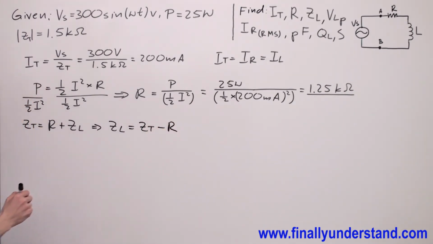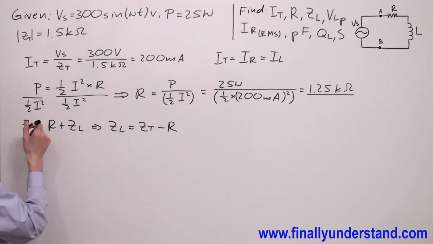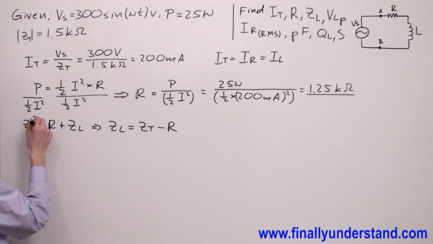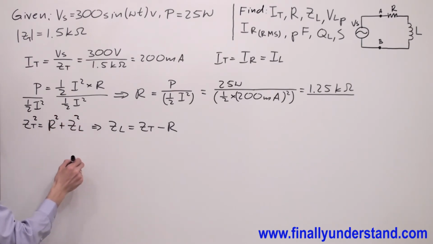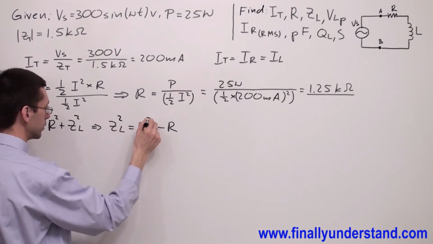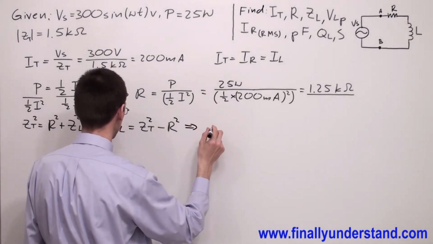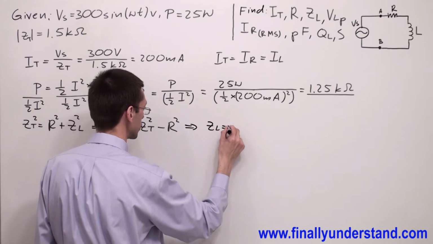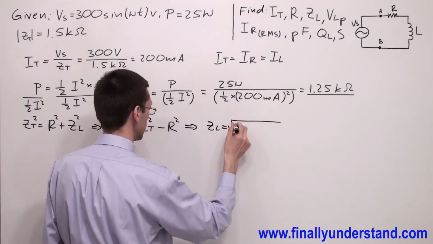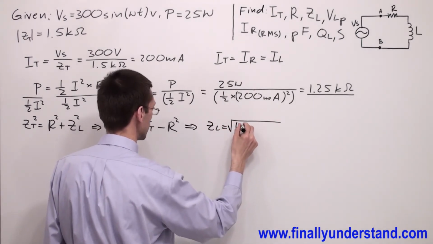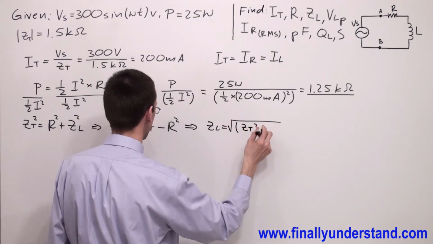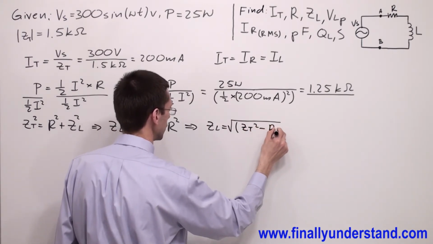But please notice that we have no angle given next to Z. So, as I said before, we're supposed to use the Pythagorean theorem. So I'm supposed to write square everywhere: square, square, square. In order to find ZL, I'm supposed to write ZL equals square root, open parenthesis, Z total square minus R square.